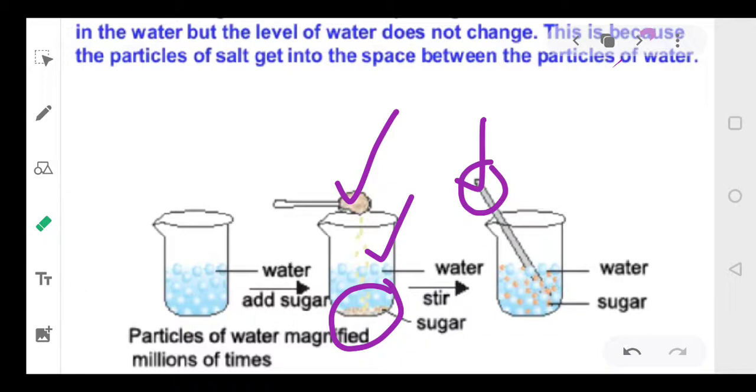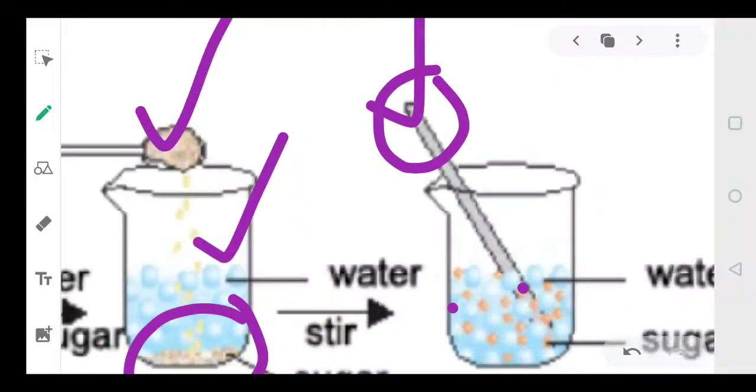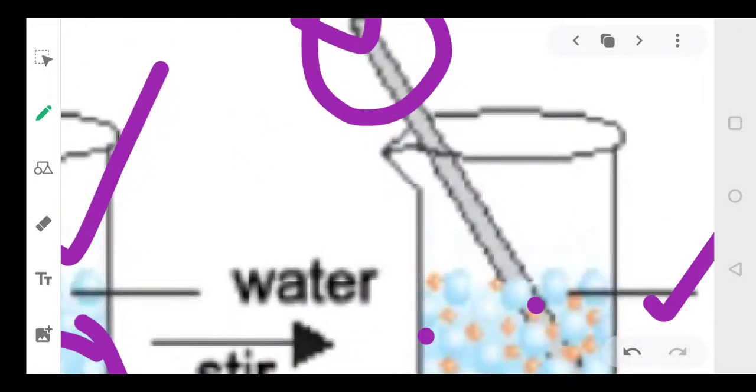See, now the particles of sugar are in between the particles of water. There were some spaces in the water particles, and in between those spaces, the sugar particles have occupied the space.